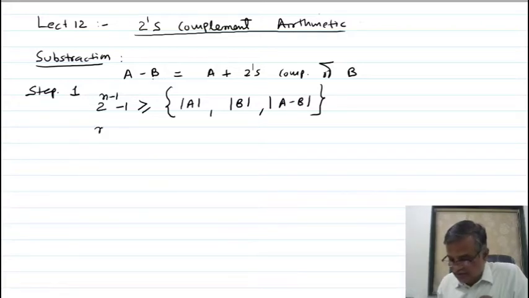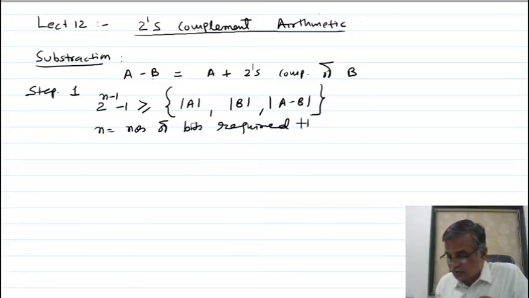So n is nothing but the number of bits required to represent a and b.